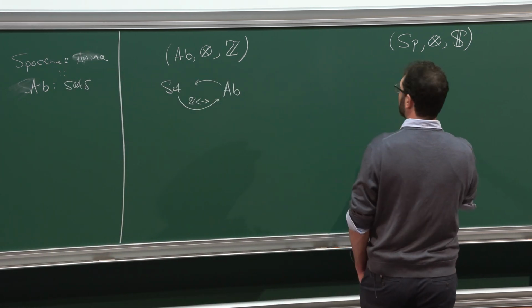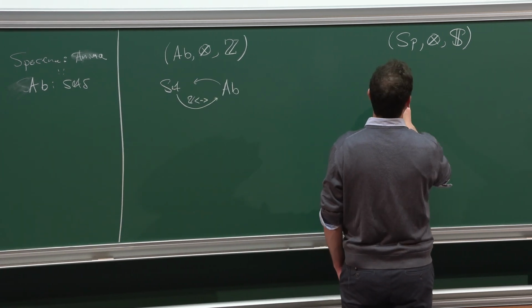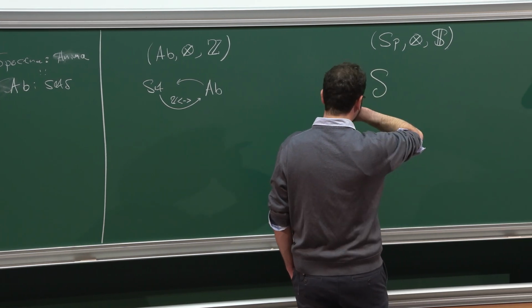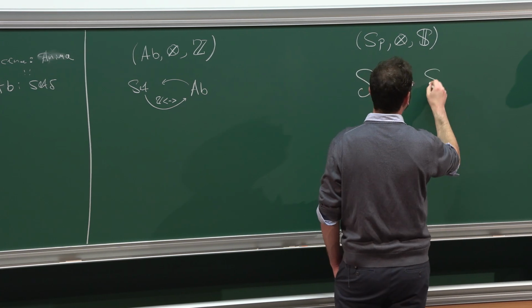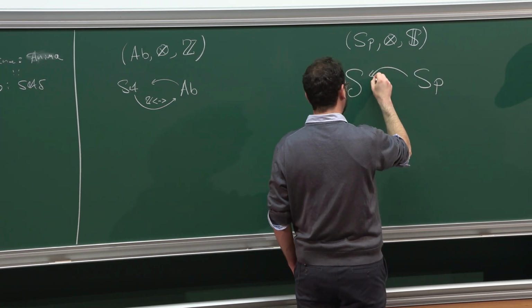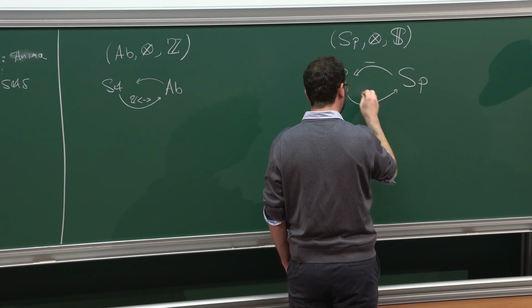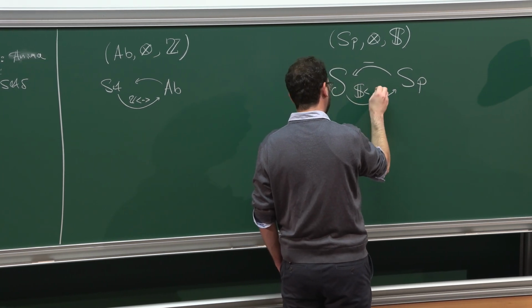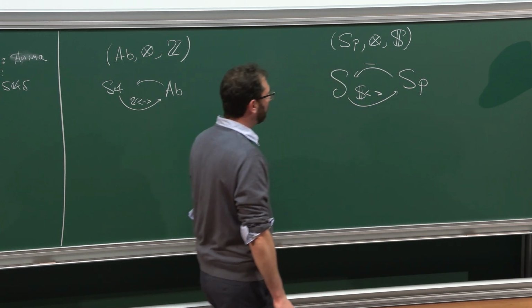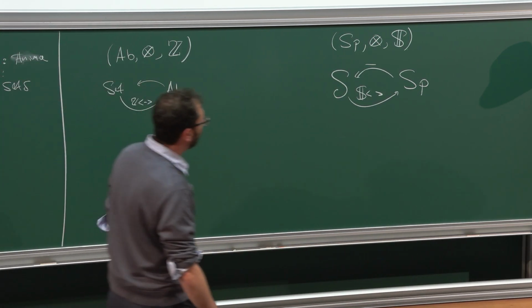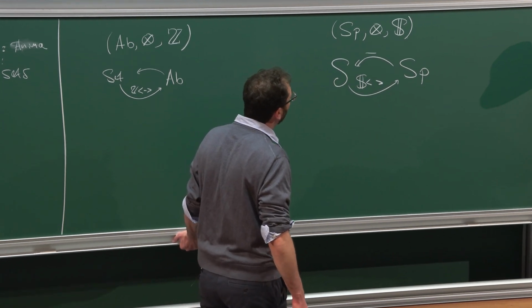And exactly the same, if we denote by S the spaces, then we have an underlying space, and there's a left adjoint, which we're going to denote by this. This is not a standard notation, but again, I want to evoke this analogy. I'm not a big fan of the standard notations.